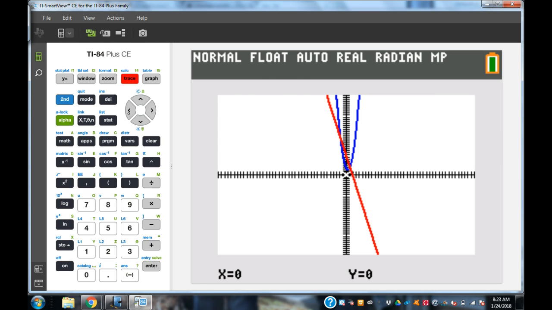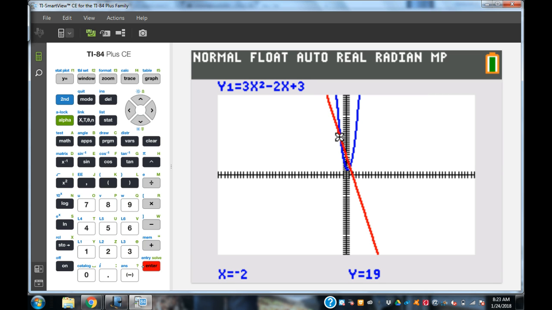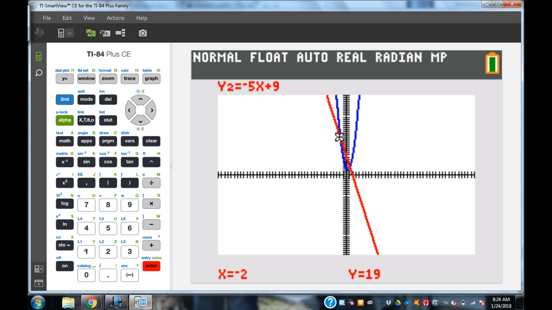I could hit trace, and my interval was negative 2. Negative 2, 19 was the right ordered pair. If I press the up arrow, it swaps over to y2, and it's pretty close. If I go negative 2 there, there's negative 2, 19. And then positive 1, 1, 4.